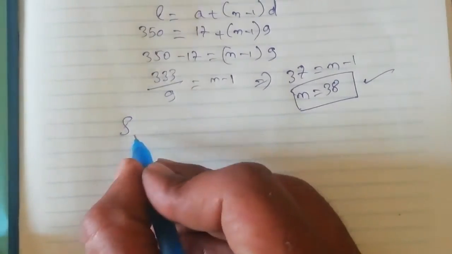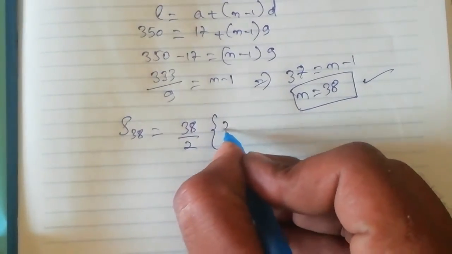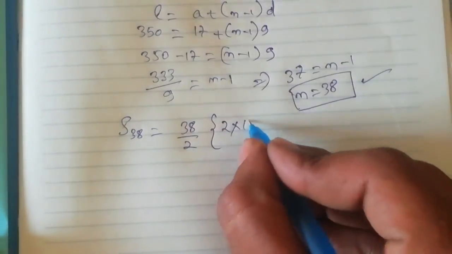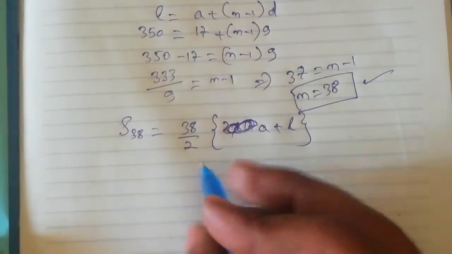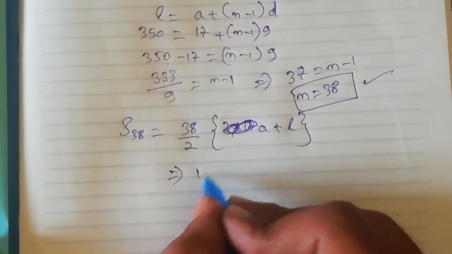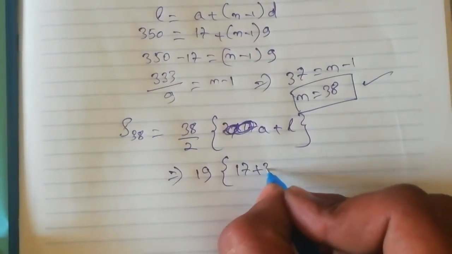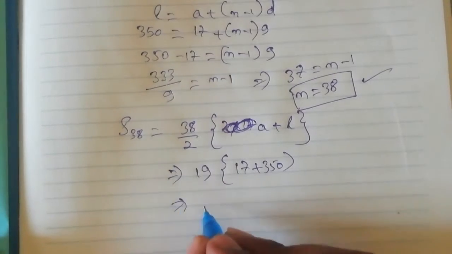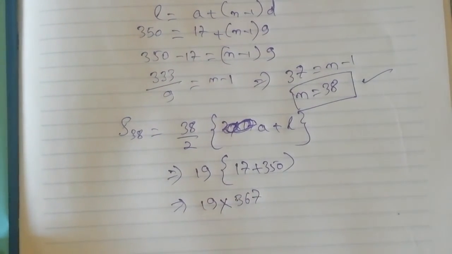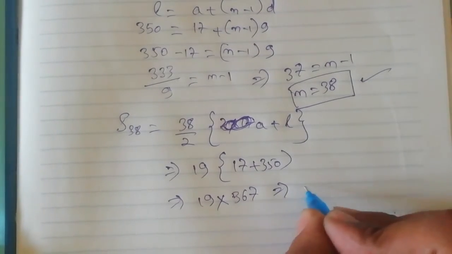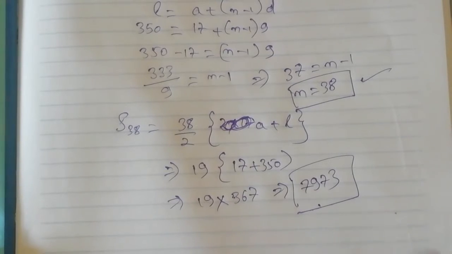So 38 divided by 2, 2a... a is 17. No, we can use here a plus l because we have the last term here. So look, 38 by 2 is nothing but 19 and a plus l is 17 plus 350. Okay, so 19 into 367. So we have the value here 7973. This is the sum of this AP.